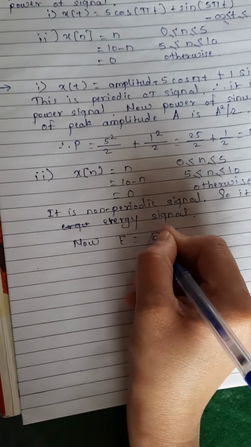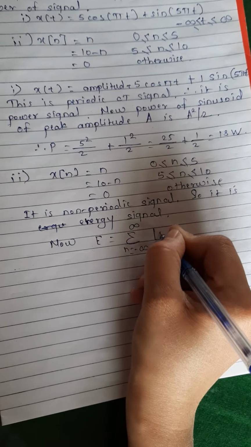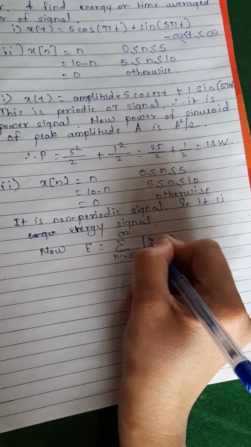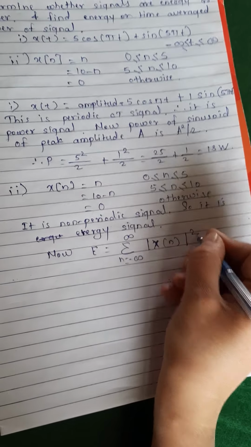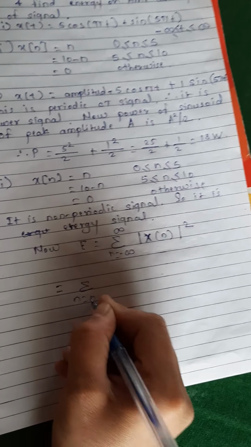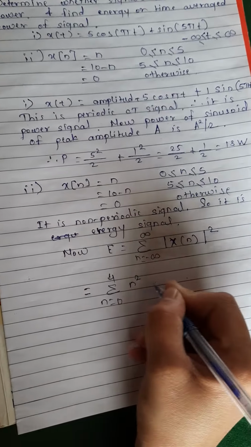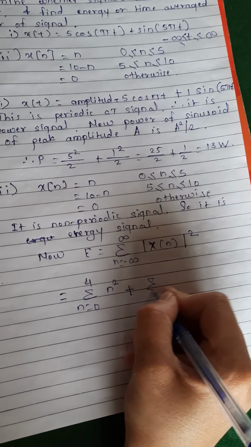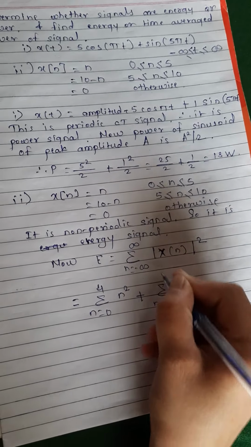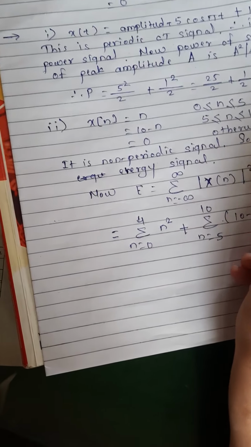So now E is equal to summation, n goes from minus infinity to infinity, of x of n square. So it is summation n goes from 0 to 4 of n square plus summation n is equal to 5 to 10 of (10 minus n) square.